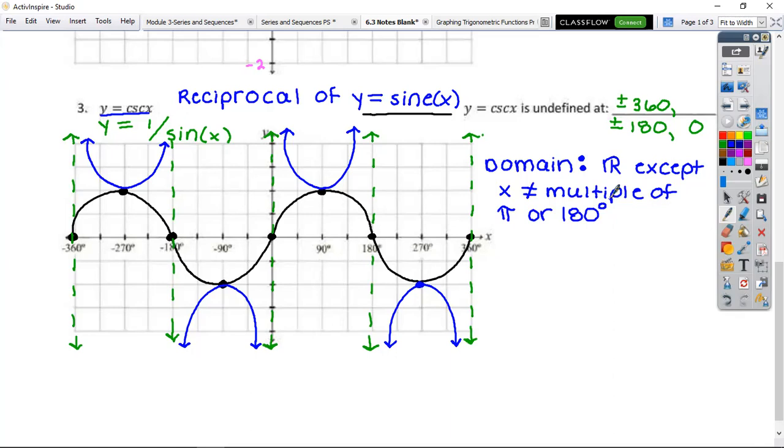Now your range. Does the range have restriction to it? It does. So my range, I'm going to start at my small one right here at -1. So it's -1 and then it goes below that.